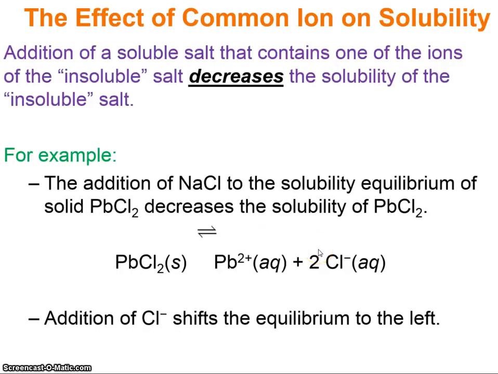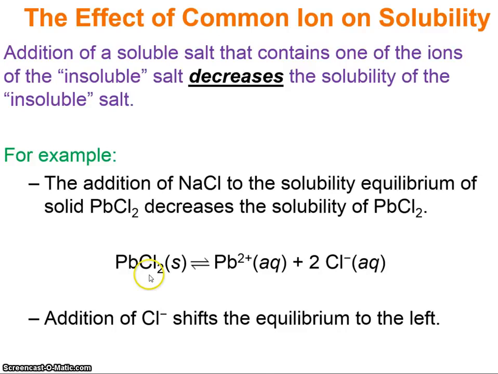I can do stuff with a common ion. If I add a soluble salt that contains one of the ions of the insoluble salt, it's going to decrease the solubility of that insoluble salt. So, for example, the addition of sodium chloride to the solubility equilibrium of lead chloride is going to decrease the solubility of lead chloride. If I add stuff in here, which way is the equilibrium going to go? It's going to go this way.